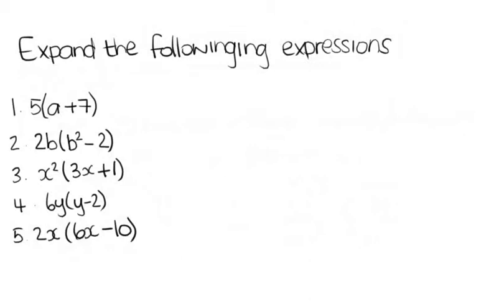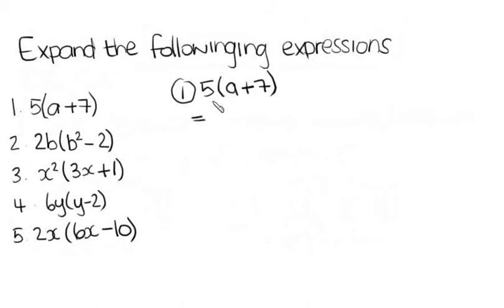Perfect. So let's look at the answers of these 5 questions. Let's start with number 1. I have 5 bracket a plus 7 close bracket. Like I said before, whatever is in front I'm going to multiply with what is inside of my bracket.